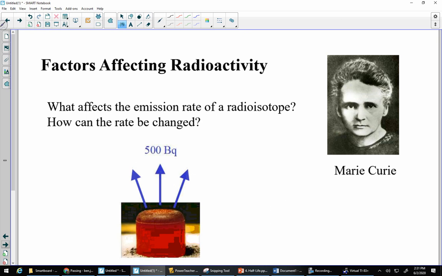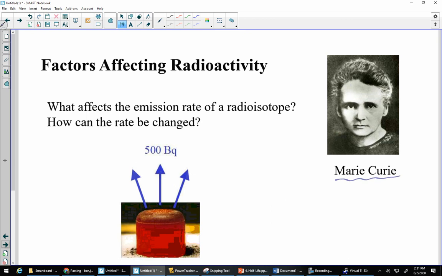This radiation and radioactivity, people are curious about it, obviously, and these different materials that can do different things. Marie Curie, now, I like Marie Curie. She's an interesting lady. She did a lot in her lifetime.